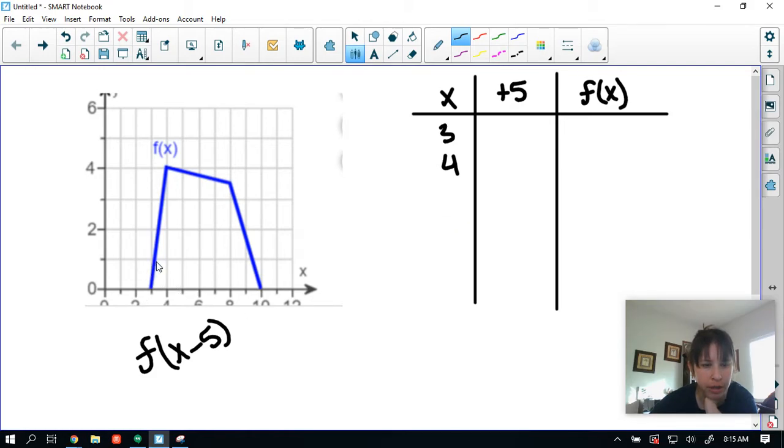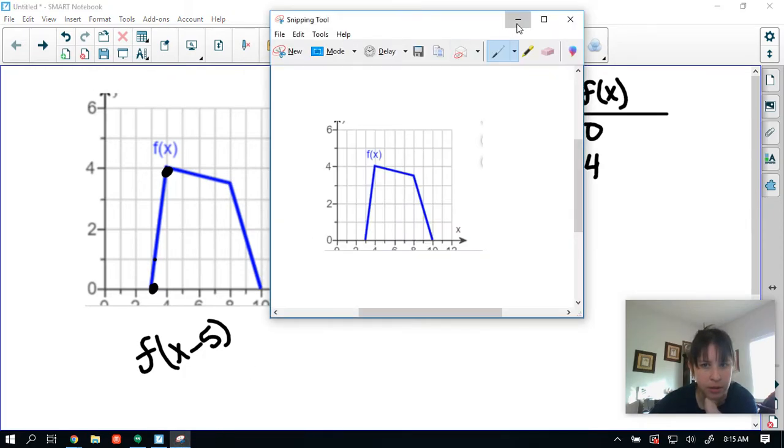I'm trying to look at actual whole numbers here. So at 3, we're at 0. At 4, it looks like we're at 4. Let's see. I'm going to move up to 8. Although 8, even though that's a bend, it's still not helping us.